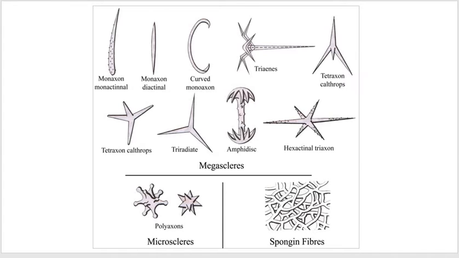Now spongin is an organic horny elastic substance resembling silk or collagen in its chemical composition.